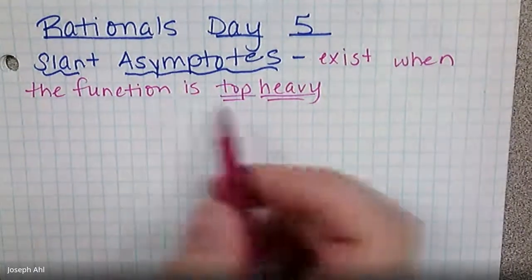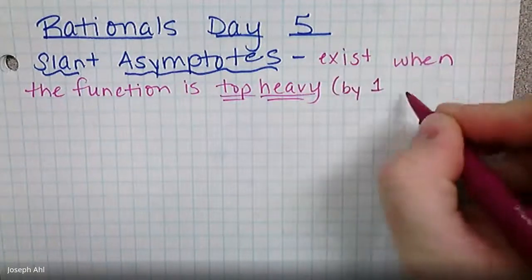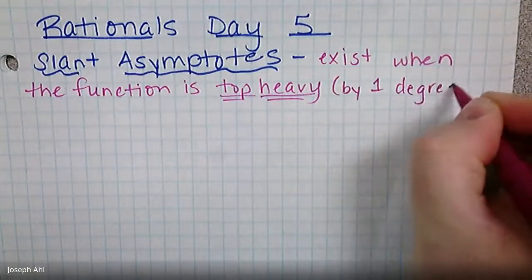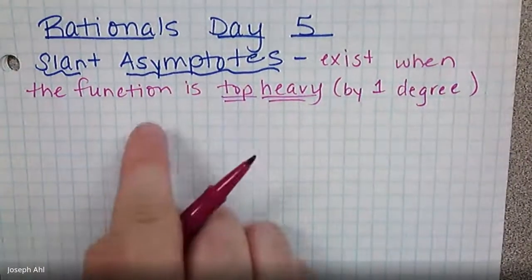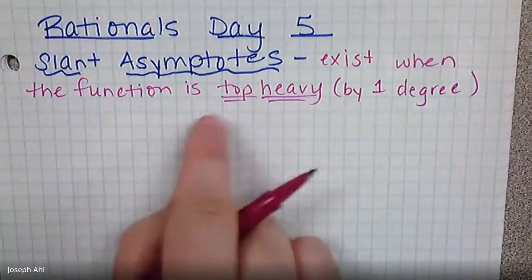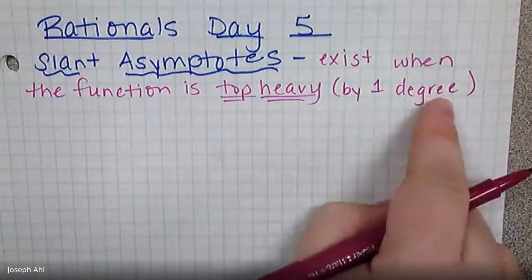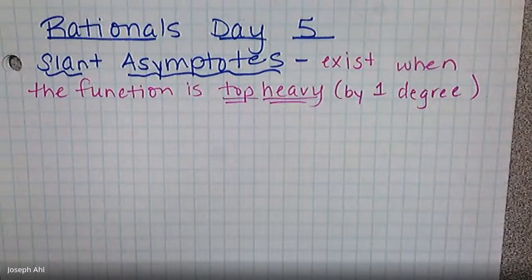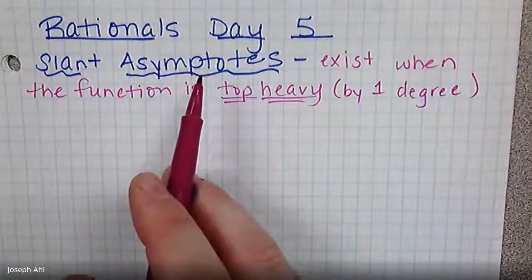But now what we know is that it's a slant asymptote. And by the way, when I say top heavy, although this is not a huge deal for us in this course, it can only be top heavy by 1 degree of separation, meaning that it's like x squared over x to the first, or x cubed over x squared. If there was more than 1 degree of separation, then it actually is not a slant asymptote anymore. But what we have to know is that there is no horizontal asymptote when it's top heavy. It winds up being a slant asymptote.